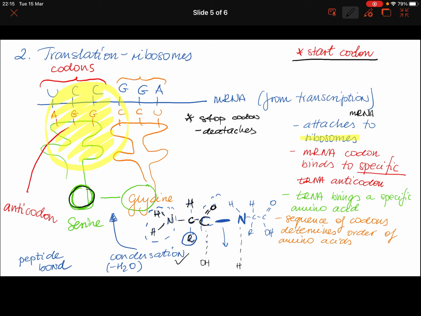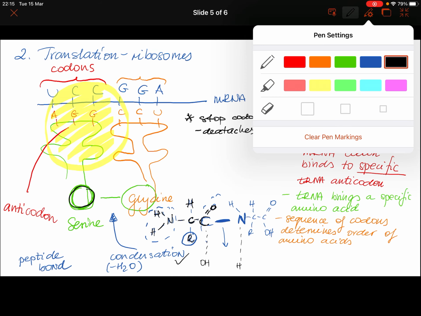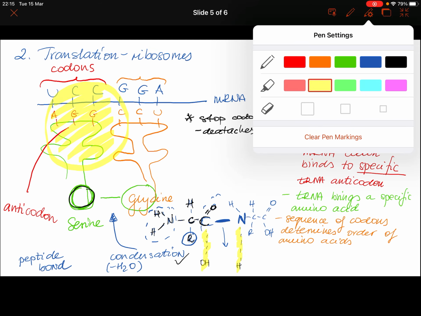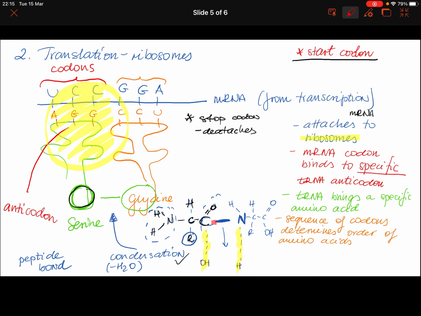However, the OH from the carboxyl group and the hydrogen of the amino group from the second amino acid were removed because of the condensation reaction, loss of water, to form a peptide bond.